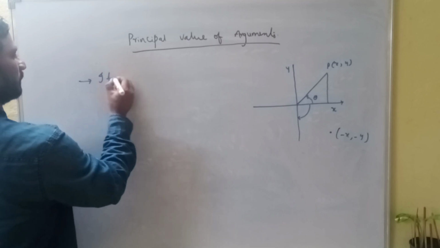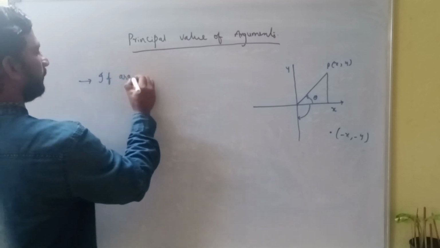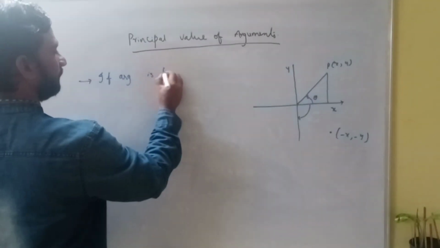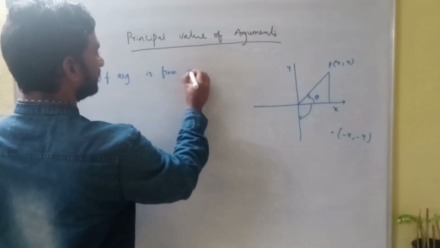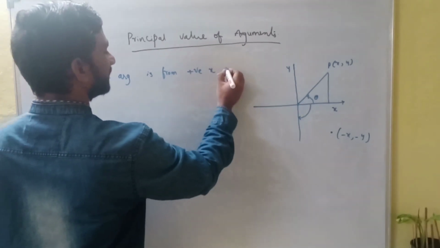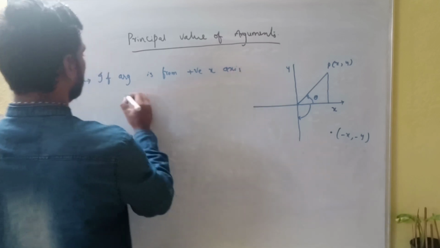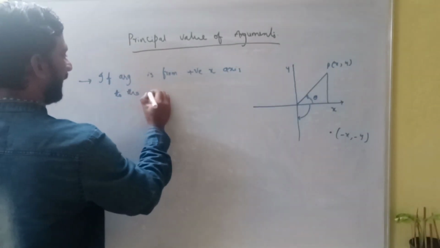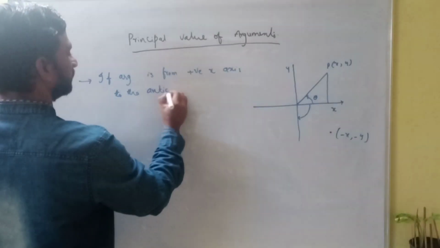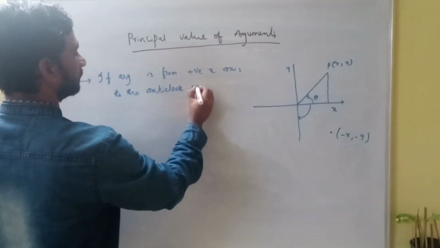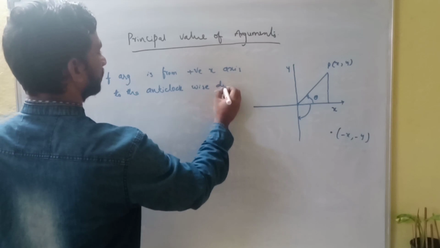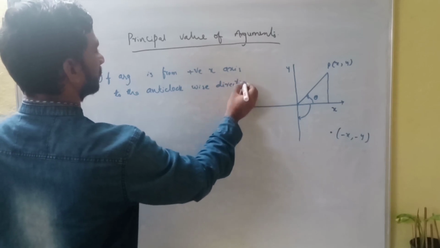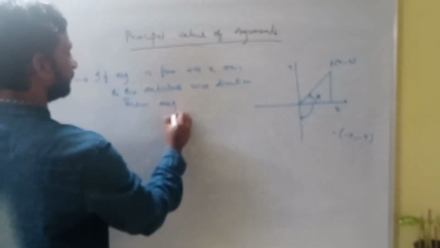So if the argument is measured from the positive x-axis in the anti-clockwise direction, then the argument will be positive.